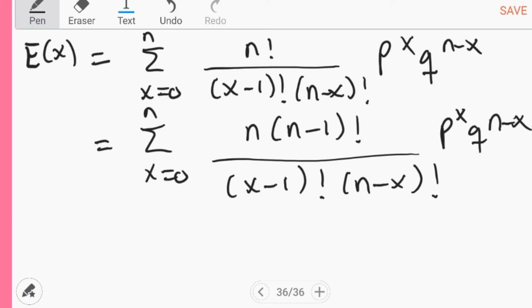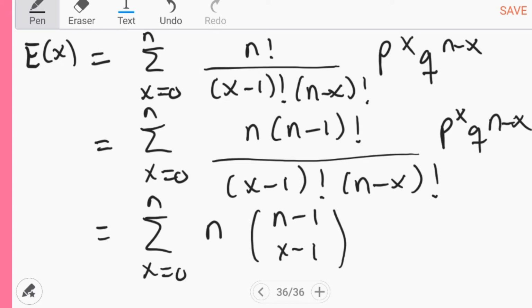So we'll end up getting summation from 0 to n, and we have n times n minus 1 combination x minus 1, then p to the power x, q to the power n minus x.